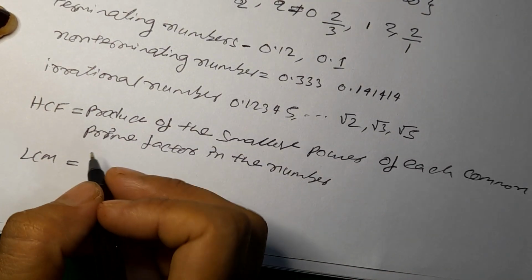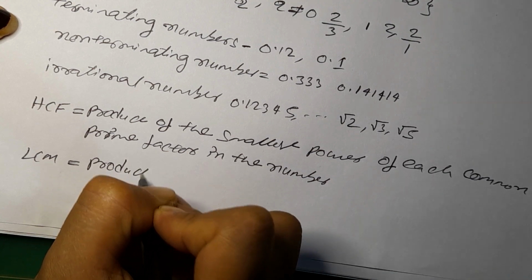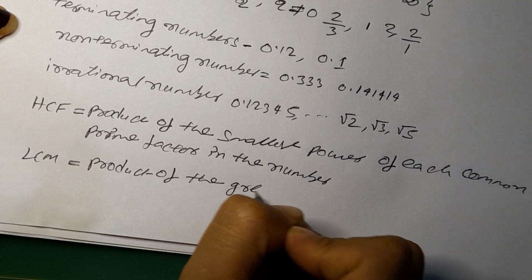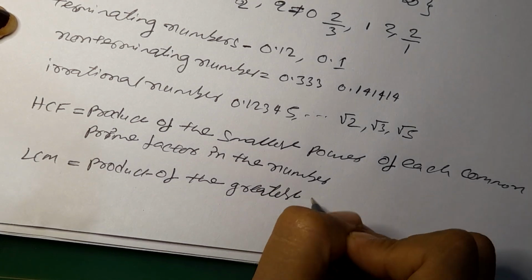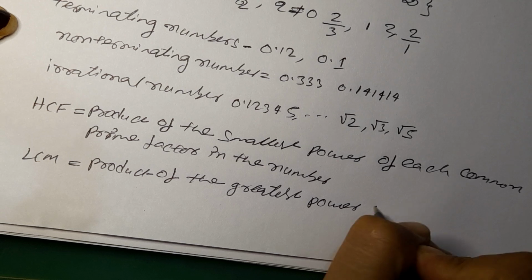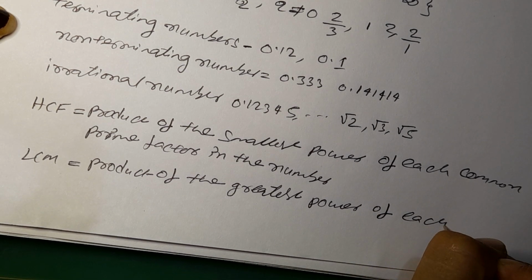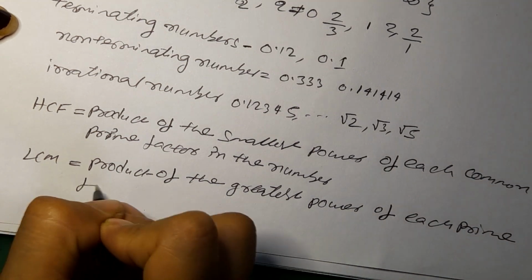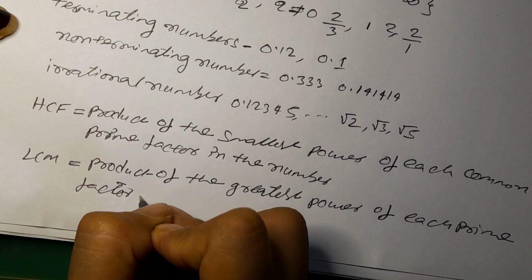And LCM is the product of the greatest power of each prime factor involved in the numbers.